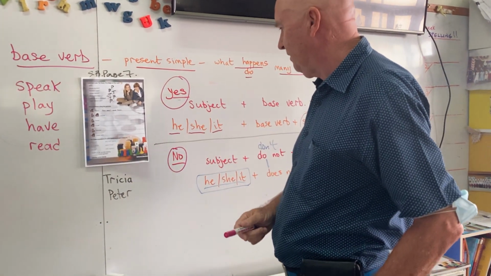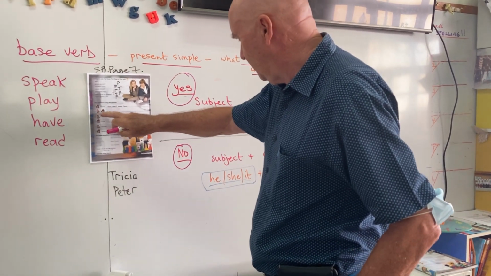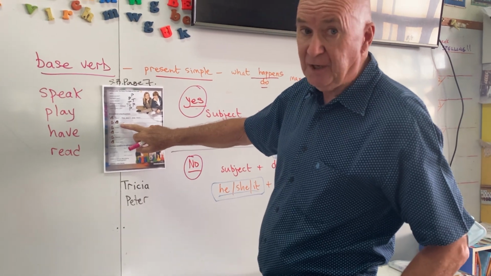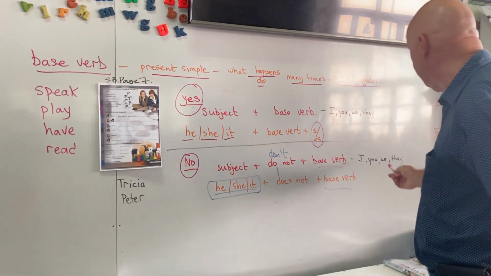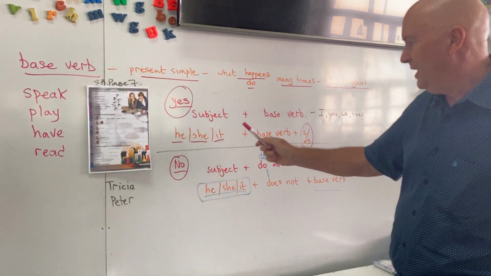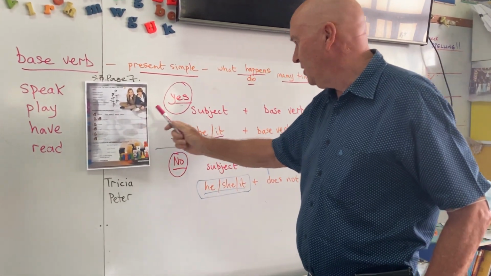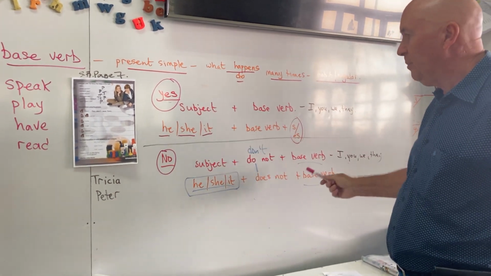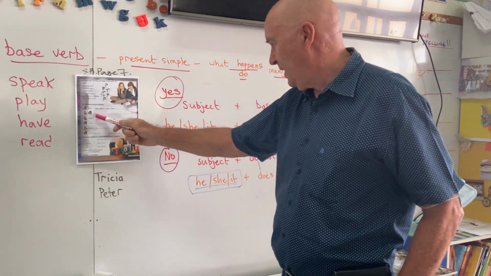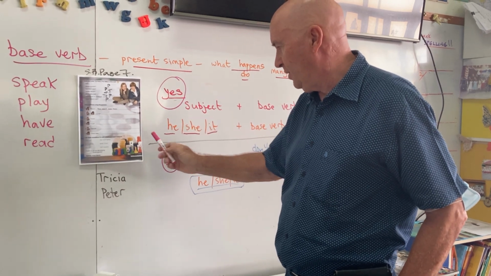He does not speak French. Okay, number 2, play football or soccer if you're American. Two people is the same as they, and we're saying yes. So it's just they play football. They play soccer, they play football.